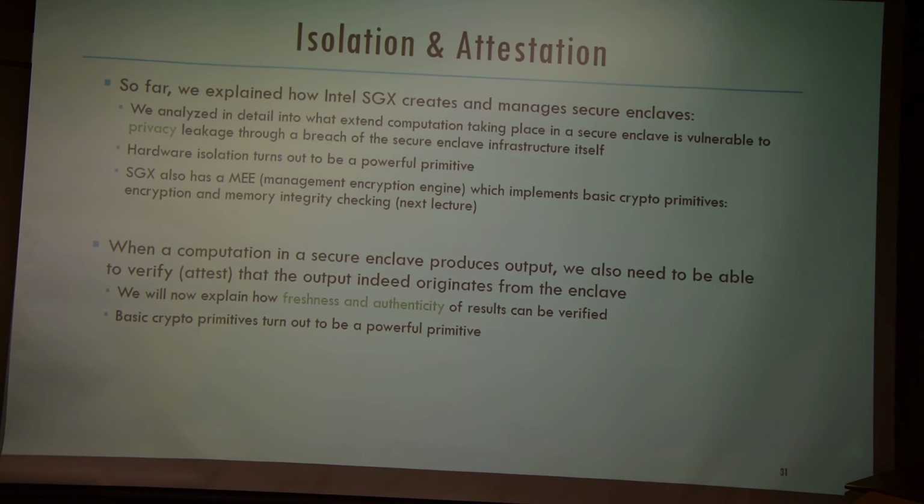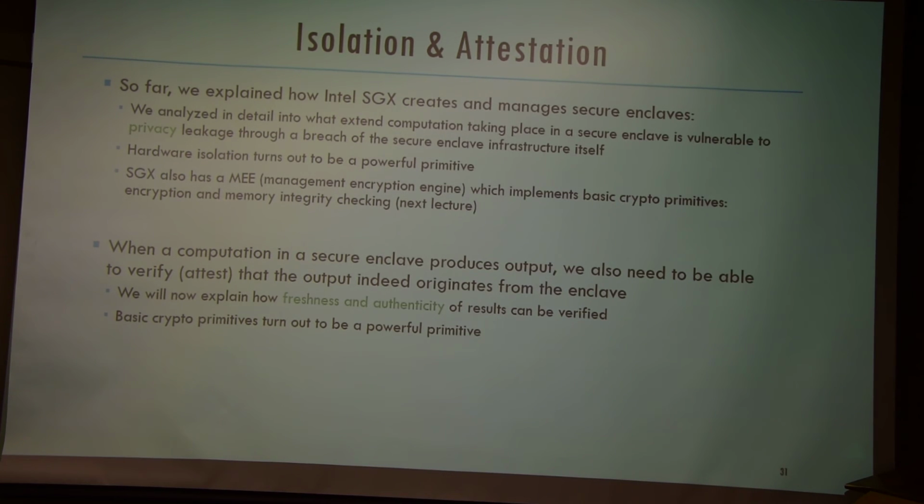If I want to compute something in a secure container, and I'm a remote client who does that, how do I know that it has been executed in that secure container and is not executing somewhere else, where potentially an attacker could have looked into it simply because it's not a secure container? Then there is a privacy leak, and I have a problem.